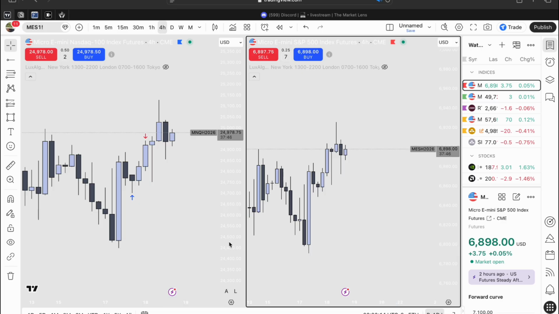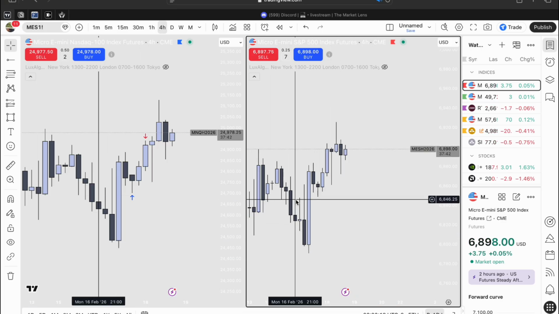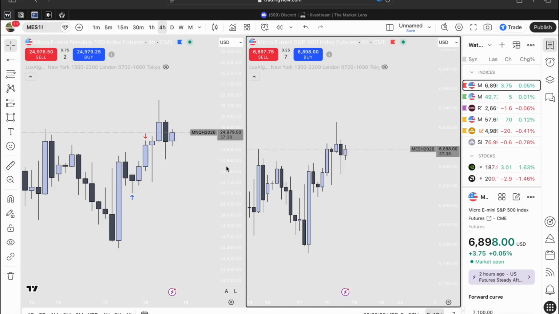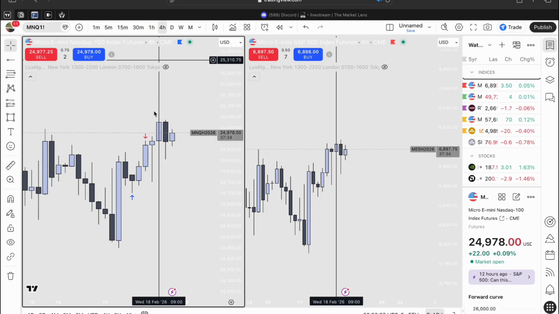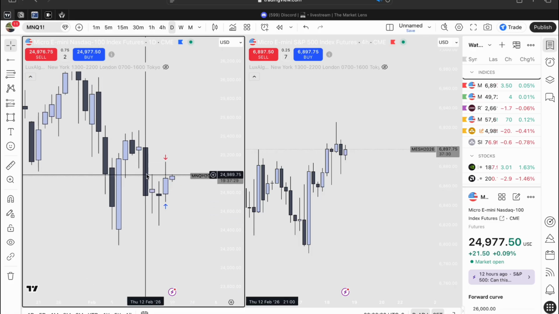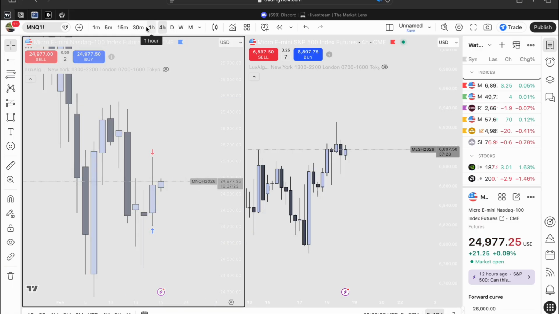There wasn't really any SMT on the higher time frame. They were pretty much neck and neck as far as strength and weakness goes as well. So I decided to trade my more favorable asset in that case, which was NASDAQ. We had a 4 hour swing point, and then I had this daily gap as my main target. So we already had a good long bias going into this trade.